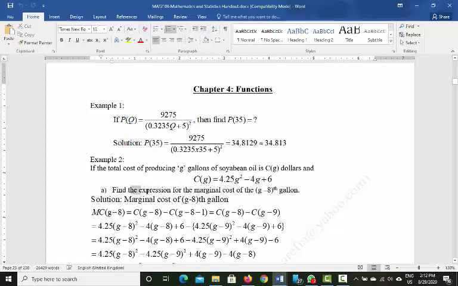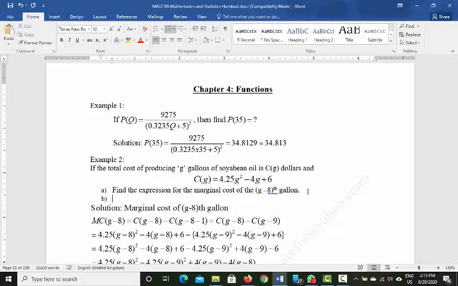Question is asking: find the expression for the marginal cost of the G minus 8th gallon. First of all, we need to know what is marginal cost. So I'm writing the definition.